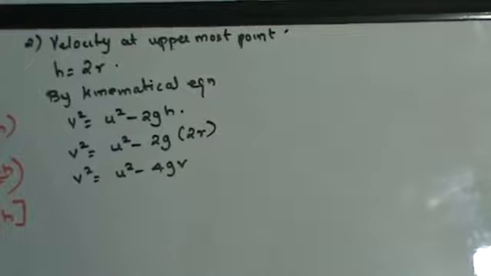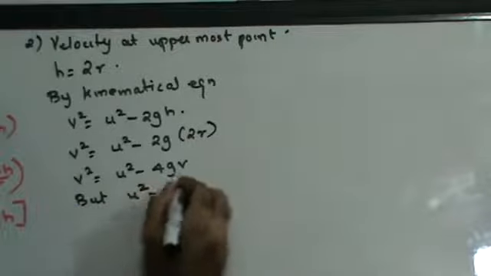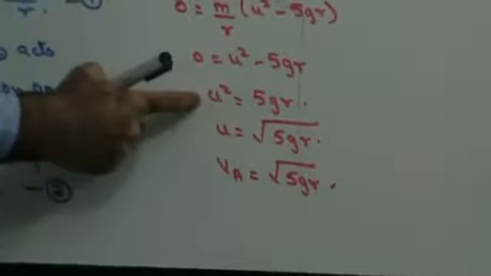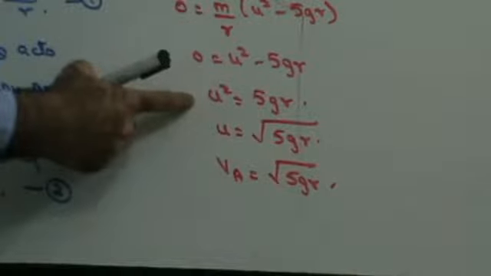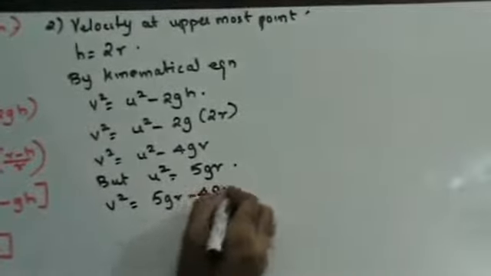Right? But we have just found out u square as 5gr. You just found out, guys, see this here. So I'm substituting this value up there. So in that case, I'll get v square is equal to 5gr minus 4gr.